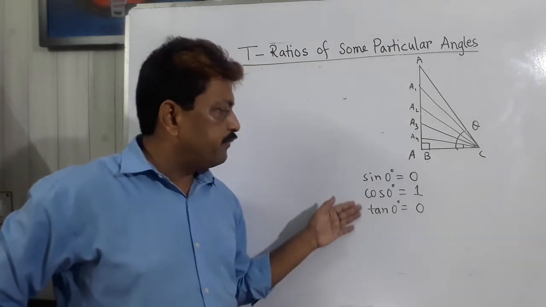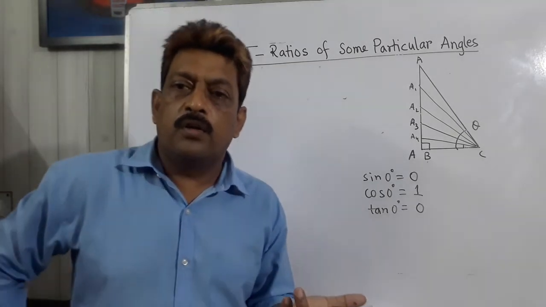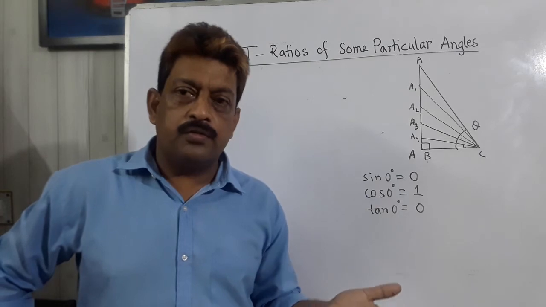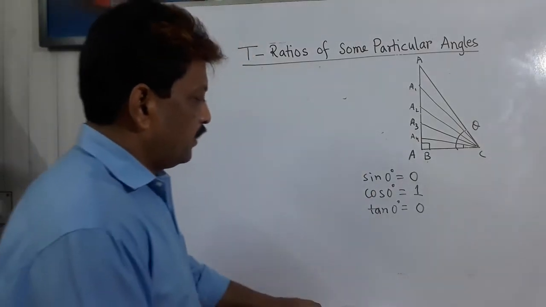So since we know the values of sin 0, cos 0 and tan 0, we can also find the values of cosec 0, sec 0 and cot 0. Understood?